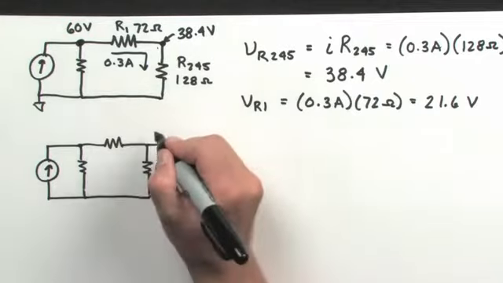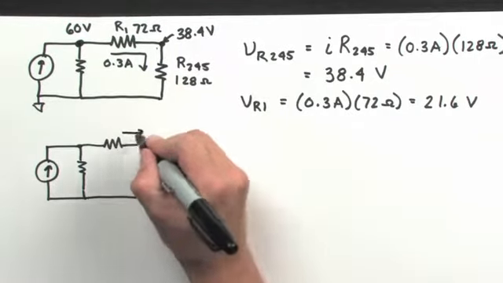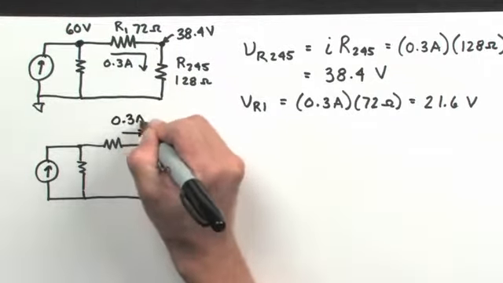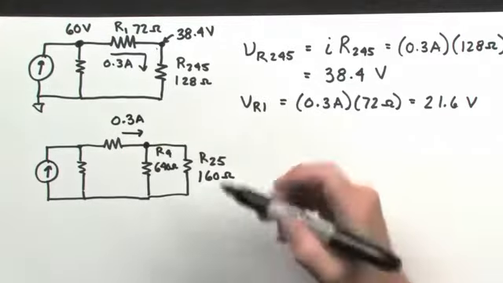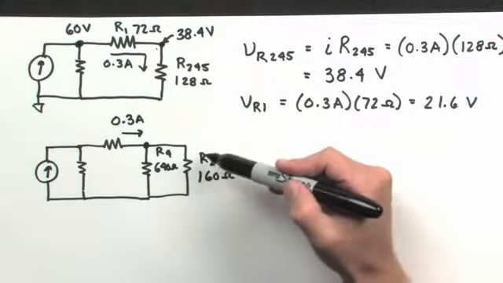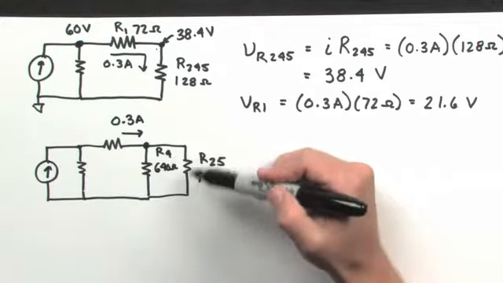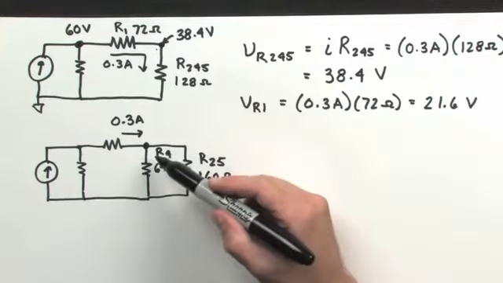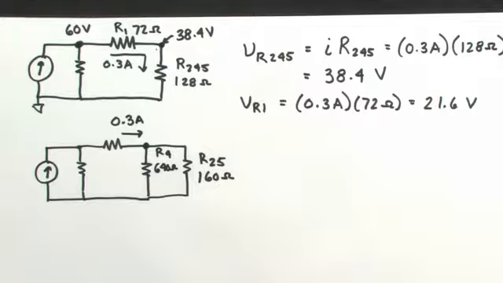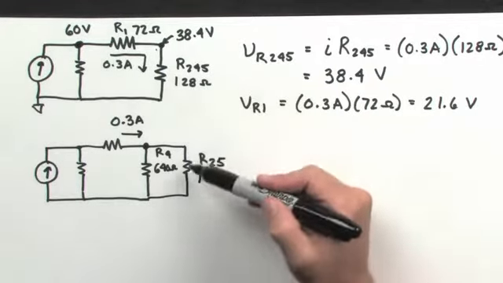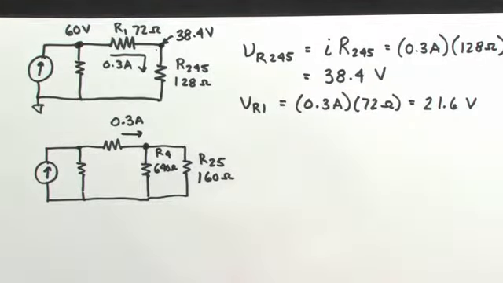Again, I know that 0.3 amps must flow into this node right here. R4 and R2, 5 together see the same potential across them, so that means there's going to be a different amount of current flowing through each, R4 and the equivalent resistance of 2 and 5.